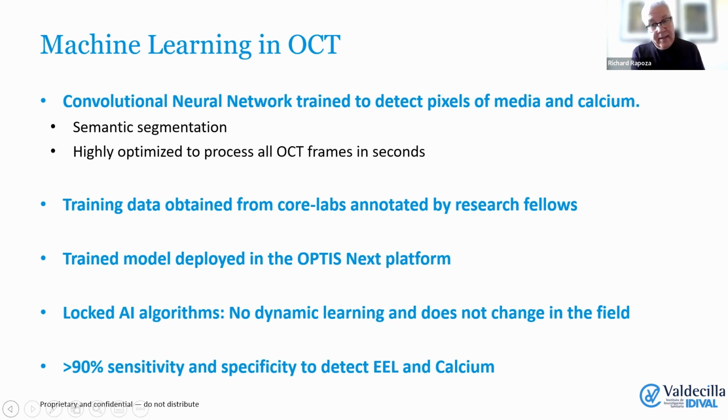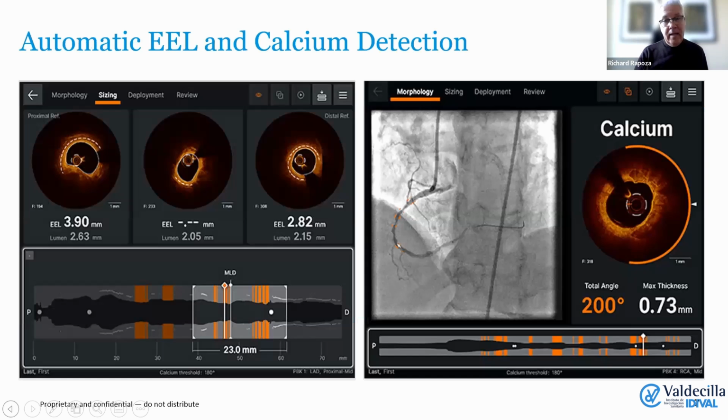Then we validated that against a separate set of pullbacks and showed greater than 90% sensitivity and specificity to detect EEL and calcium. Those are the first two parameters that we have played with. And here's what the outcome looks like in the Ultreon system. You can tell where the border is between the outer section of the media and the adventitia from the training.